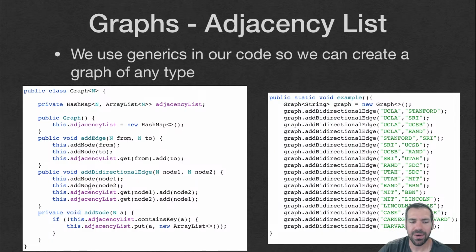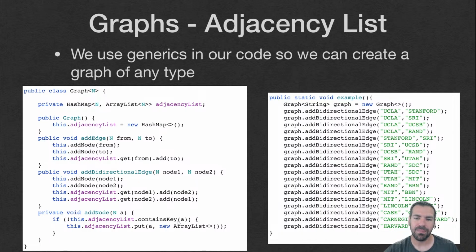So we're going to call add node on both of those nodes. What add node is going to do is check if we've seen this node before. Check if the adjacency list contains that node. And this should look familiar from your task 6, where you're checking, have I seen this song before? If I've never seen it before, initialize it.